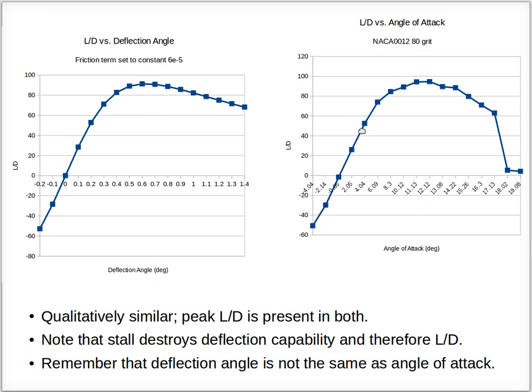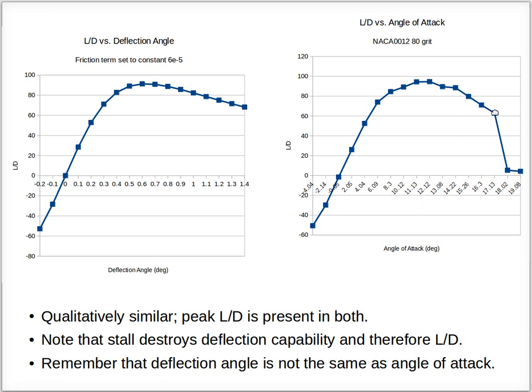So it's surprising that these curves are so similar. It could be that since these angles are so small they could have been closely proportional, but there's no reason that they should be the same.